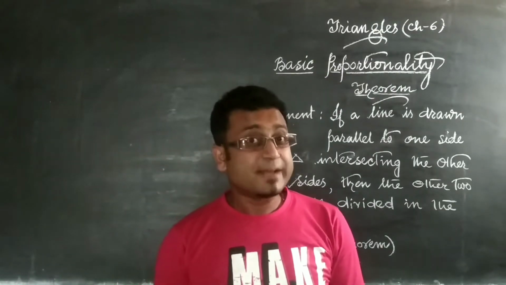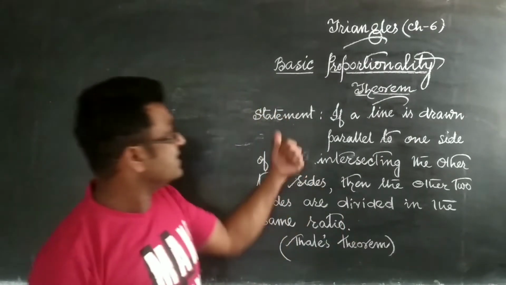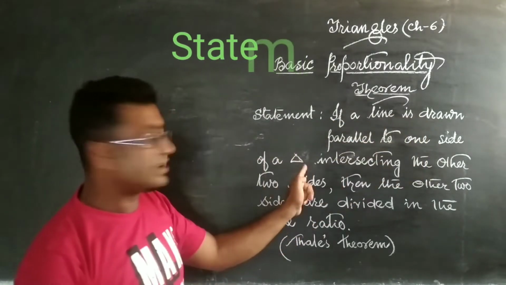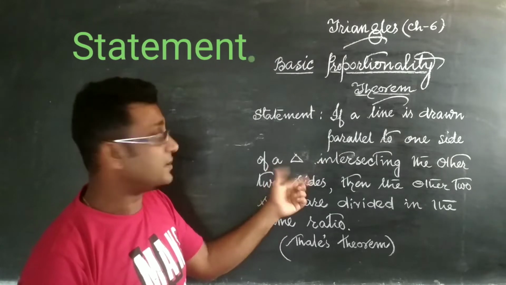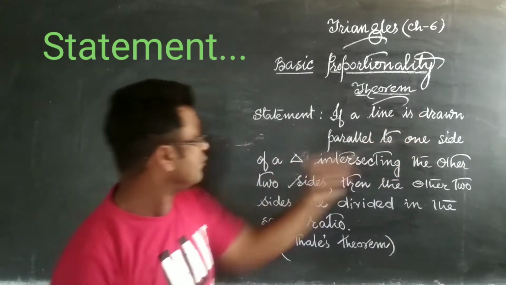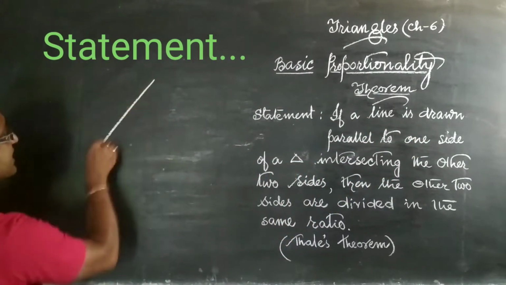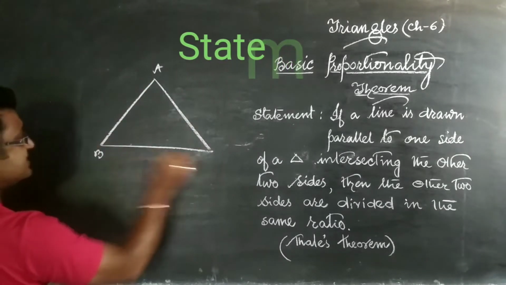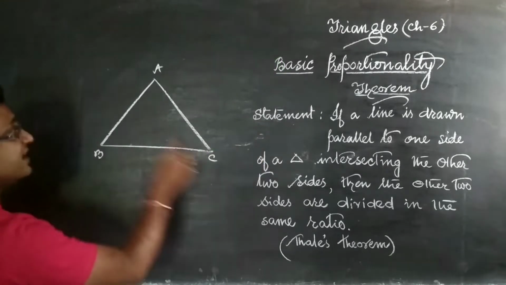Let me explain the statement of the theorem. If a line is drawn parallel to one side of a triangle, let me draw one triangle. Suppose the triangle is ABC.